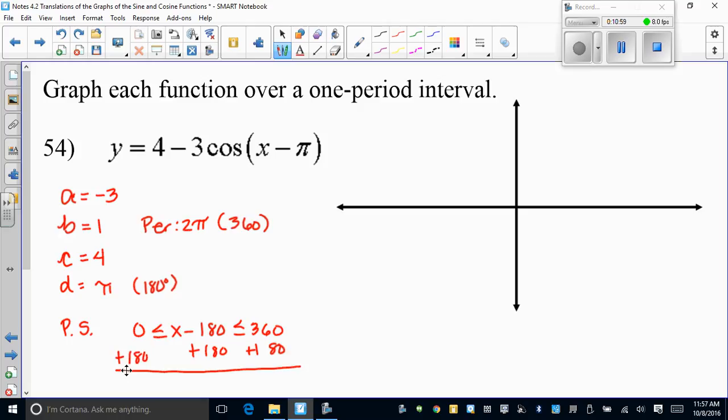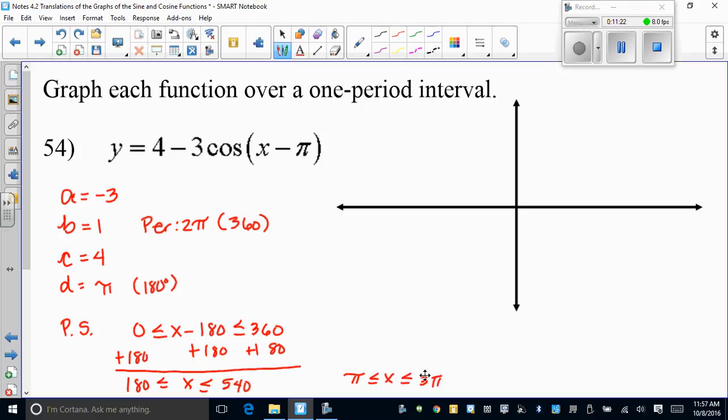So we have 180 is less than or equal to x, which is less than or equal to 540. So if I change this back to radians, this would be pi is less than or equal to x, which is less than or equal to 3 pi.